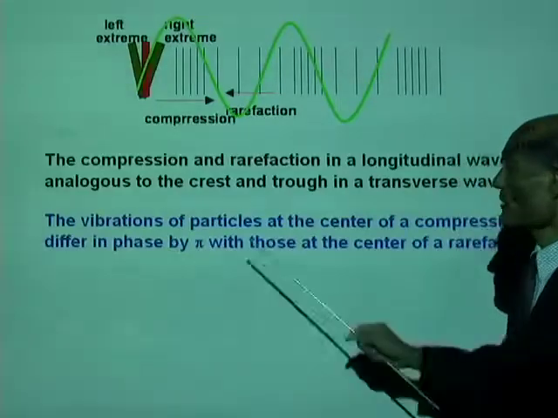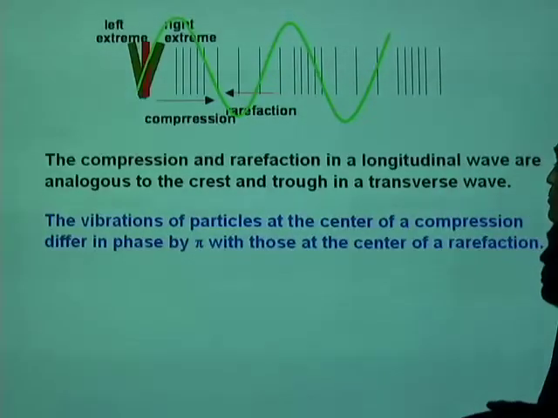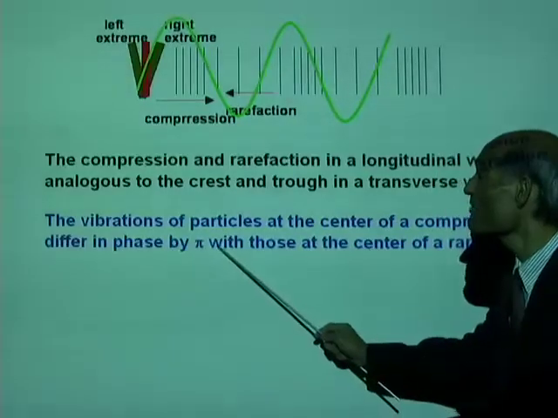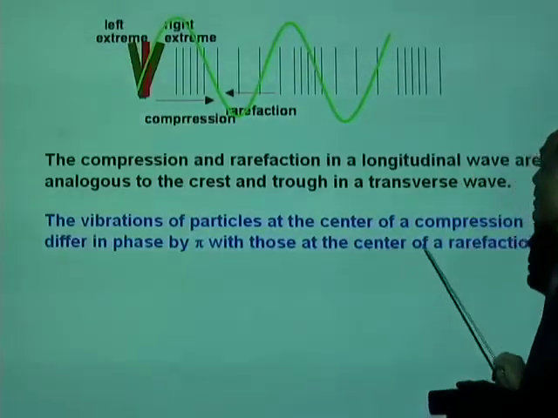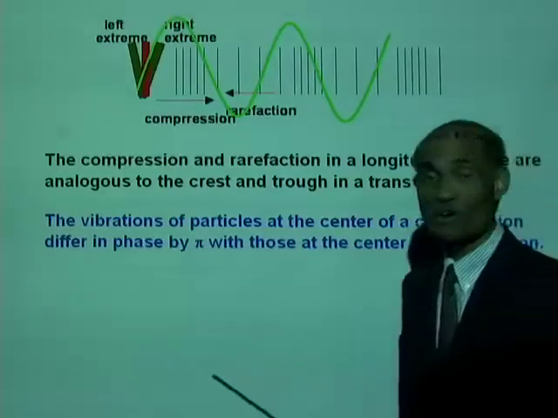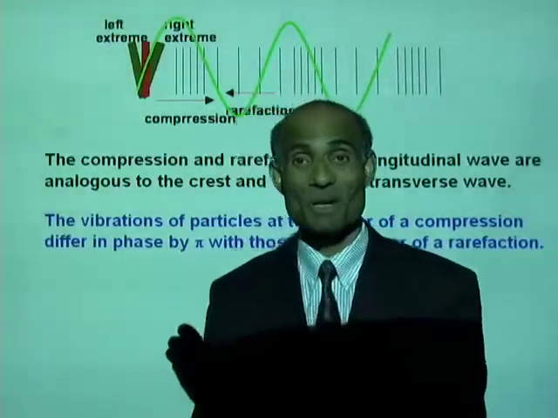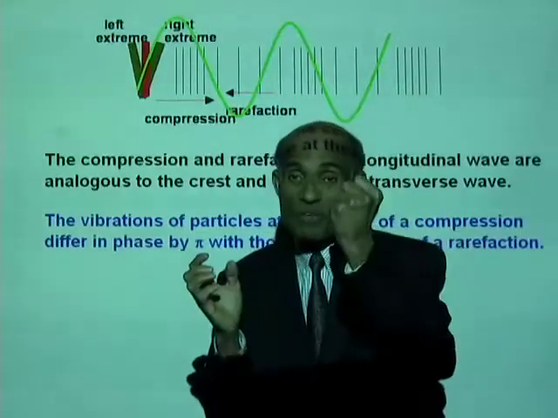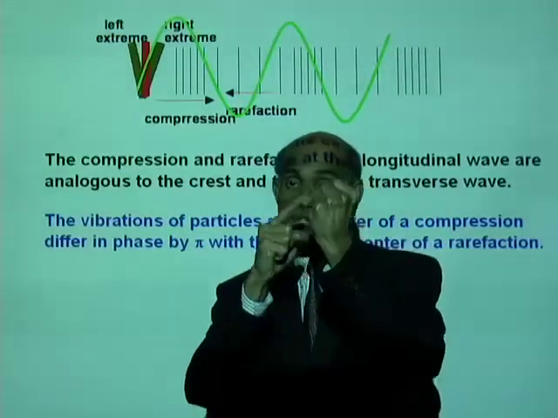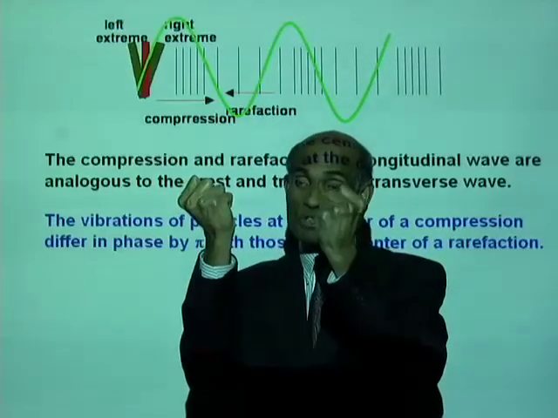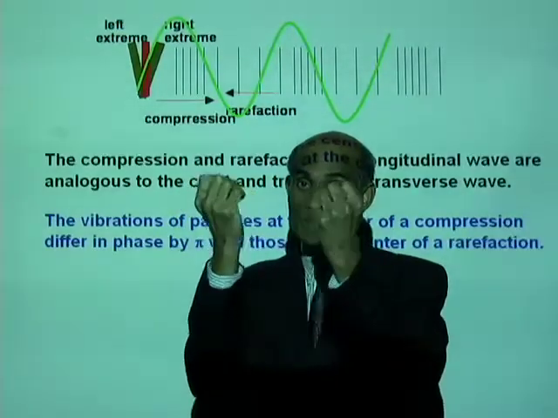Okay. The vibrations of particles at the center of a compression differ in phase by pi with those at the center of a rarefaction. You understand that, don't you? Because at the center of a compression, if the particle is moving to the right, at the center of a rarefaction, the particle is moving to the left.